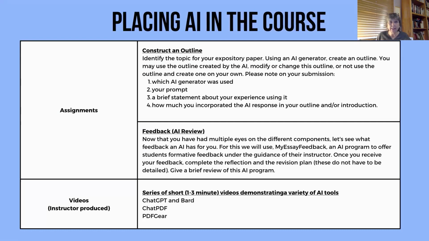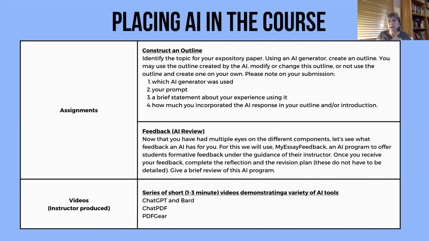Then there were two assignments where I actually have AI embedded in the assignments. One of the first assignments in the course is they construct an outline. They had to choose their own AI generator, whatever tool they wanted to use, to create the outline for them. Then they could either use that outline, use a different outline, or use parts of that outline, whatever they wanted to do.